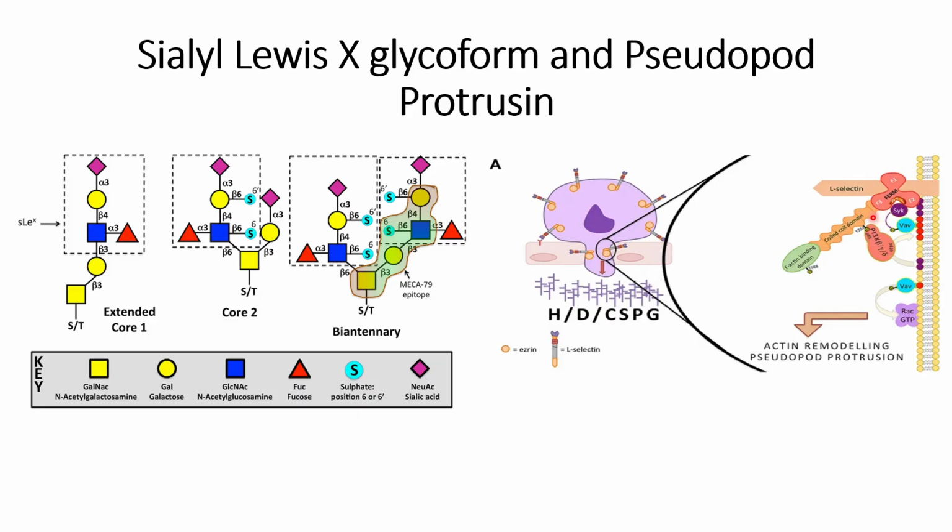At the same time, the interaction of this Ezrin with L-selectin, that is, with this FERM region, will cause the phosphorylation of this FERM region that helps in the binding of this SYK. This SYK helps in the phosphorylation of this VAV, in the presence of this PIP3.